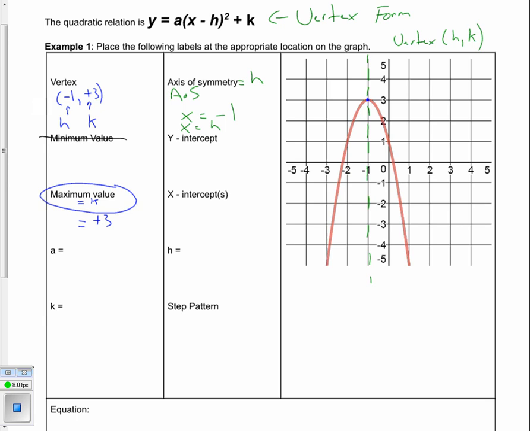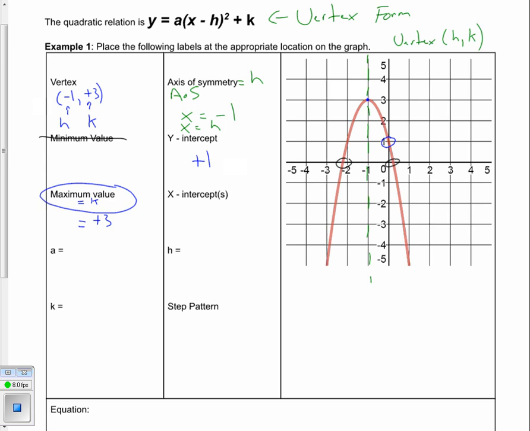In this particular graph, it does have a y-intercept, and we can see that happening right here. And so the y-intercept happens at +1. It does also have a pair of x-intercepts, although they're not as clear-cut. One happens somewhere between -2 and -3, and another happens between 0 and -1.